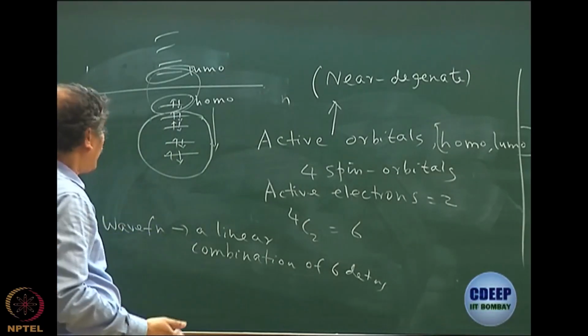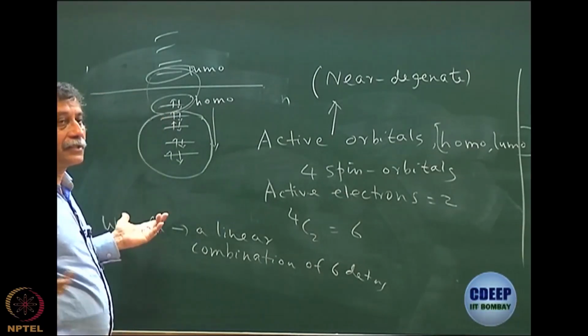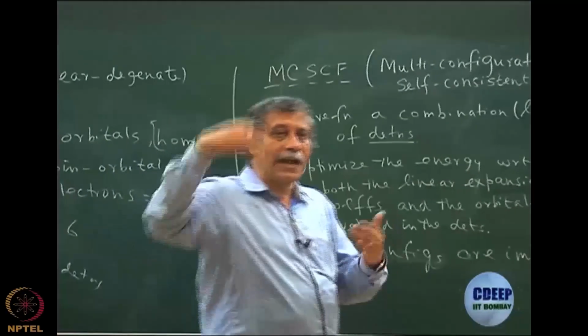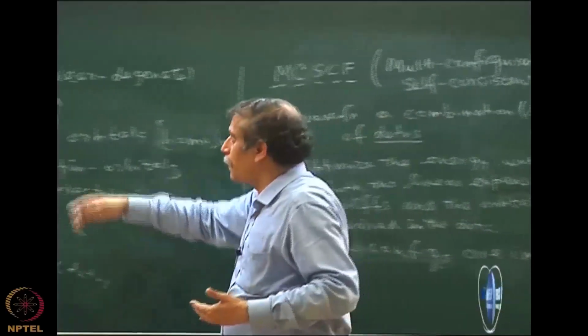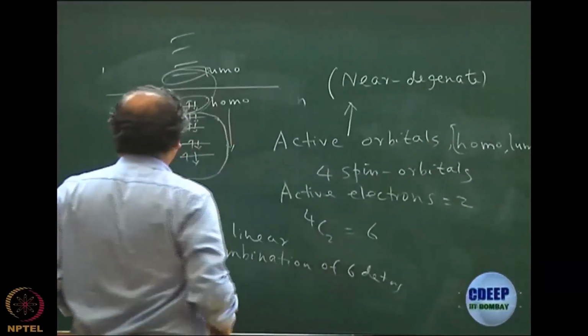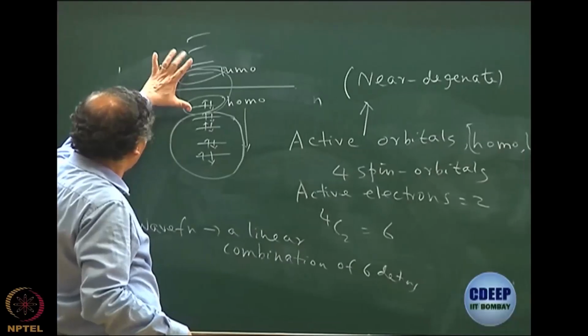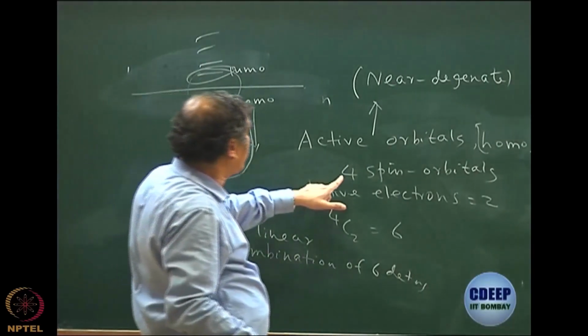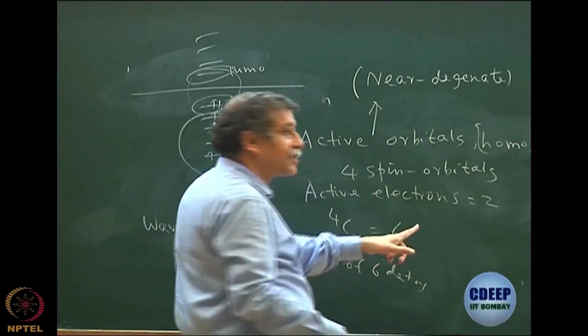Of course, if it is only within the HOMO, there is nothing to choose, because that is already filled. So it has to involve the LUMO, the unoccupied orbital, not only LUMO, also LUMO plus 1. So if I have one more orbital, this would become 6 active spin orbitals, and it will become 6c2.